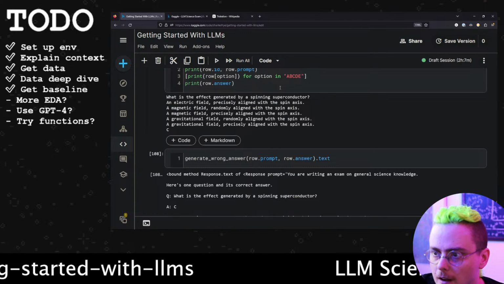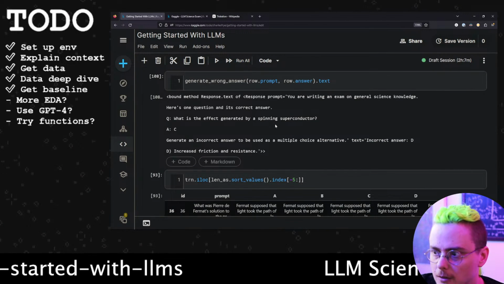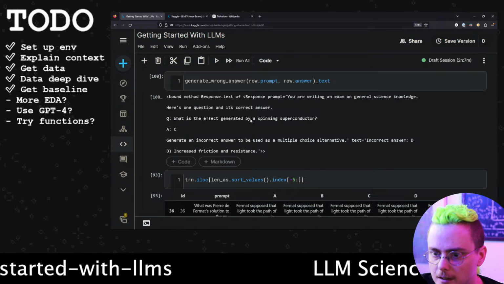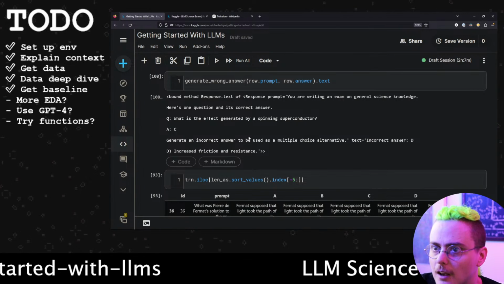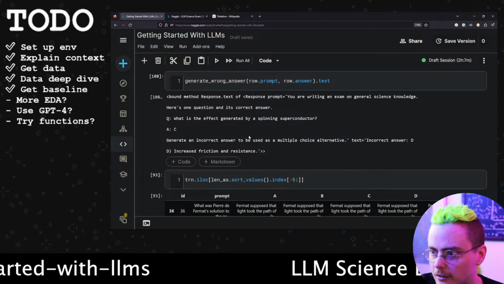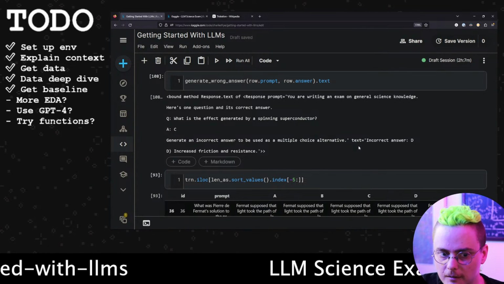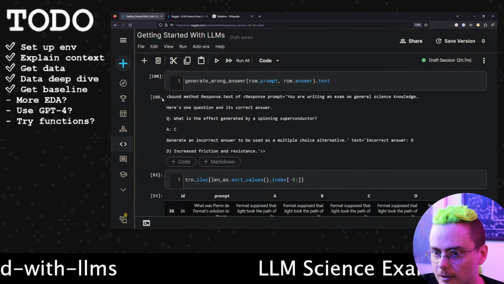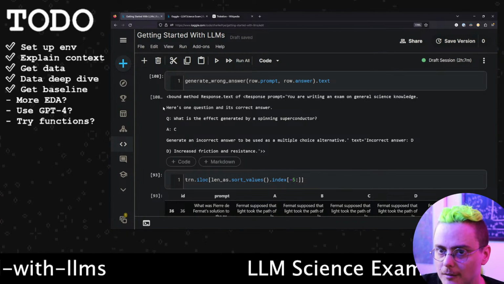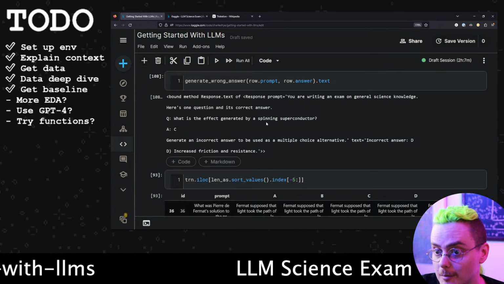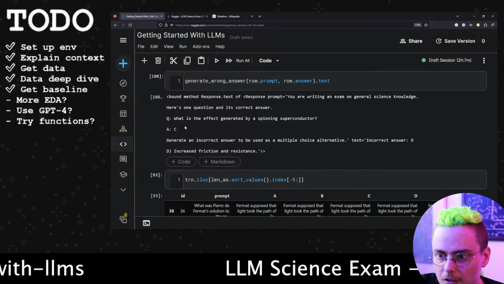Okay, let's see how this goes. Incorrect answer, D, increased friction and resistance. So the first thing I'm noticing, we're not getting consistent formatting from the model. It looks different each time because we're in a chat interface and formatting doesn't usually matter when you're in a chat.